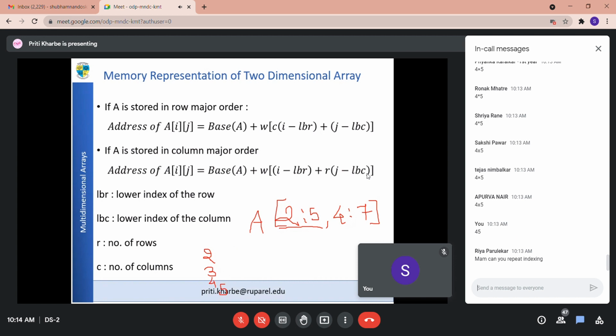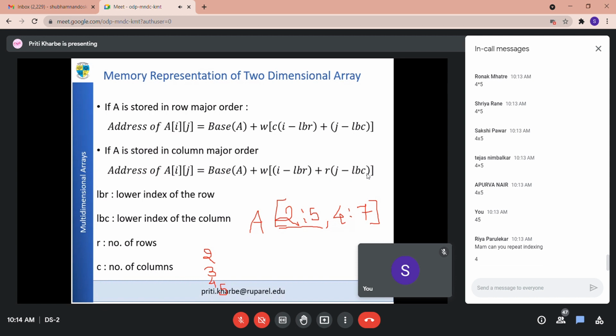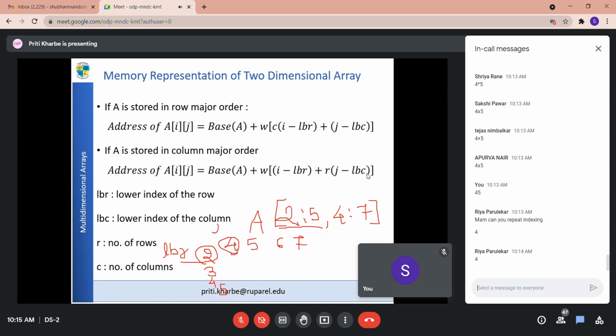Total how many rows will be there? 4. And columns numbering 4, 5, 6, 7. How many columns will be there? 4. Clear? So your first number is nothing but value of LBR, and this number is value of LBC. Clear?